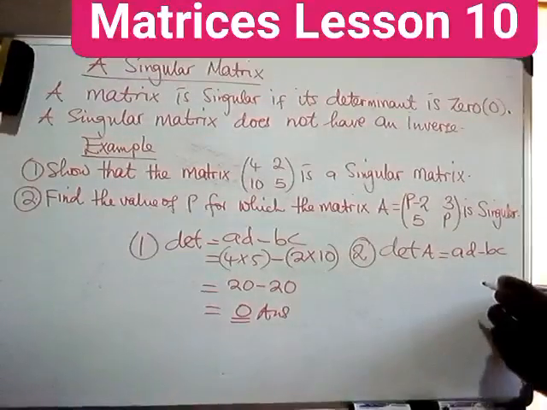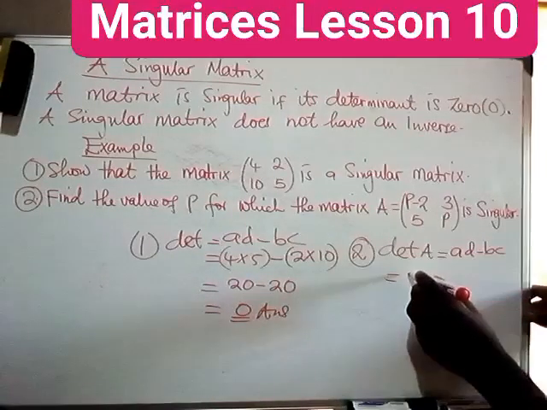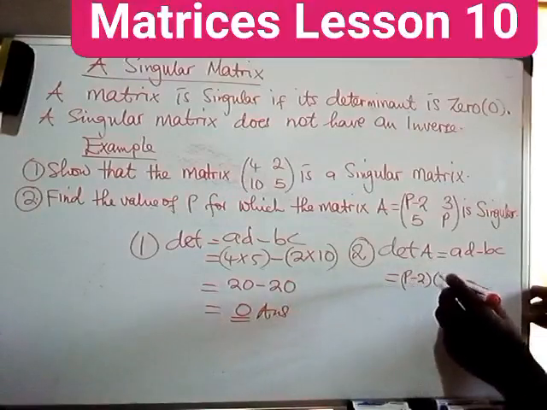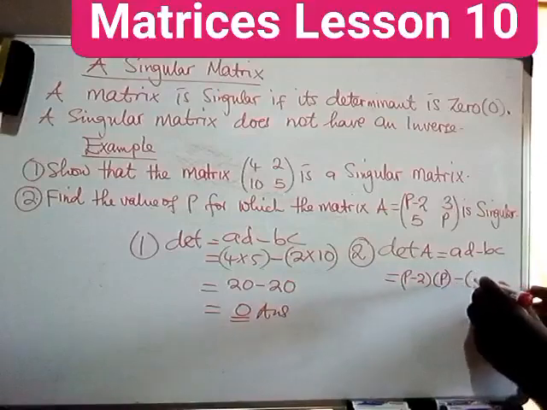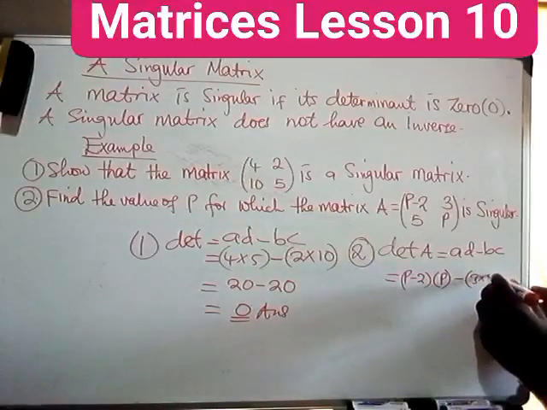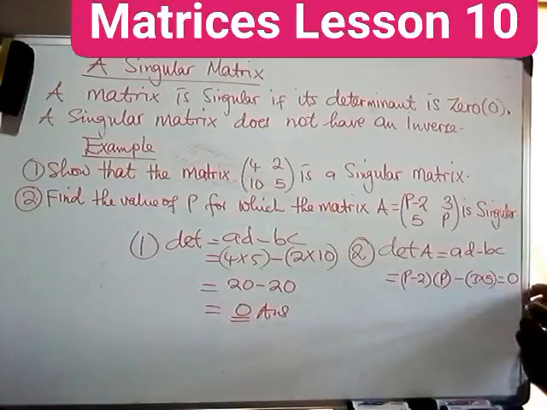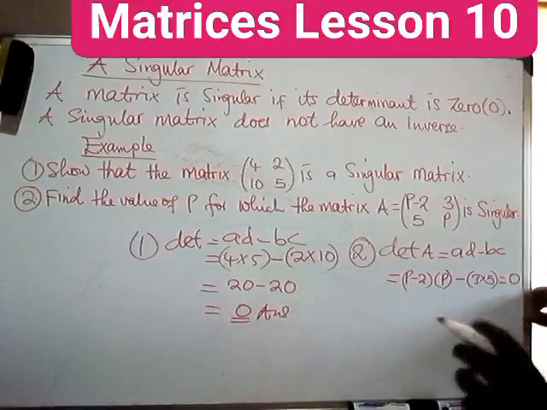So what is our A? Our A is P minus 2, multiplied by P, then minus 3 multiplied by 5. Then we are going to say is equal to 0. Why equal to 0? Because it is a singular matrix.